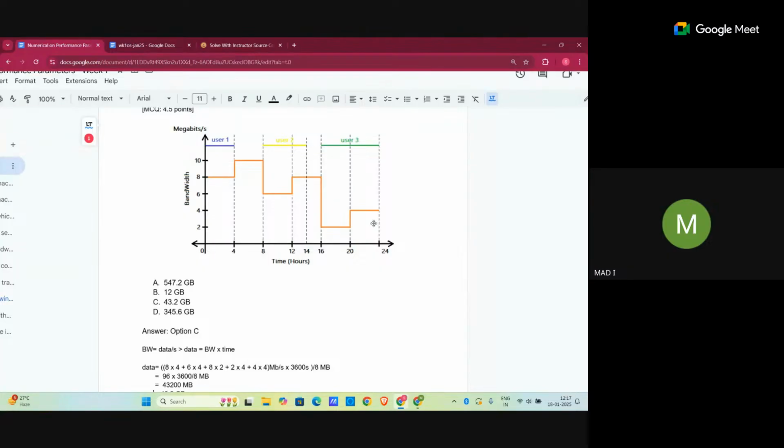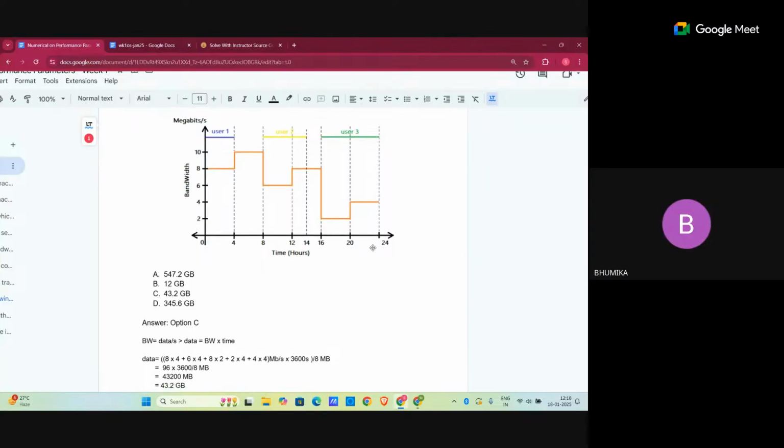For this user 3, for this peak, what will be the duration? It will be 24 minus 20. So here we need to subtract for the duration. But here the bandwidth was given like this only. That's why we are taking 4 into 4. Okay. Yes, ma'am.